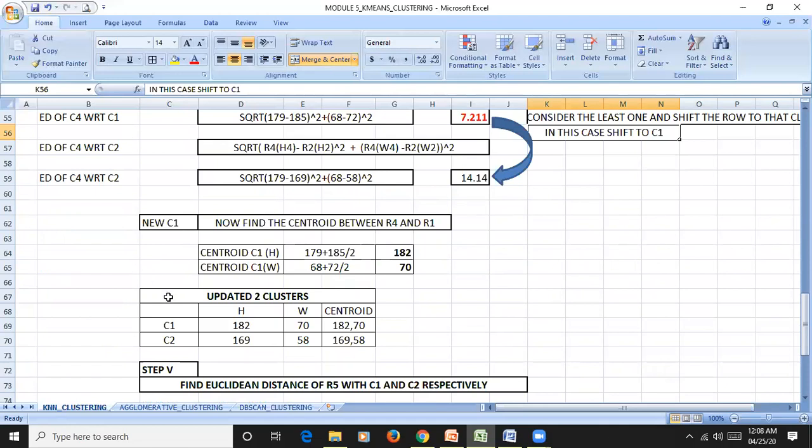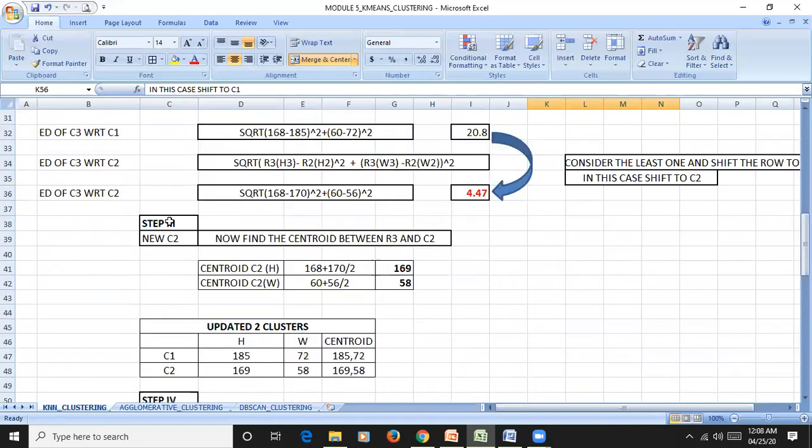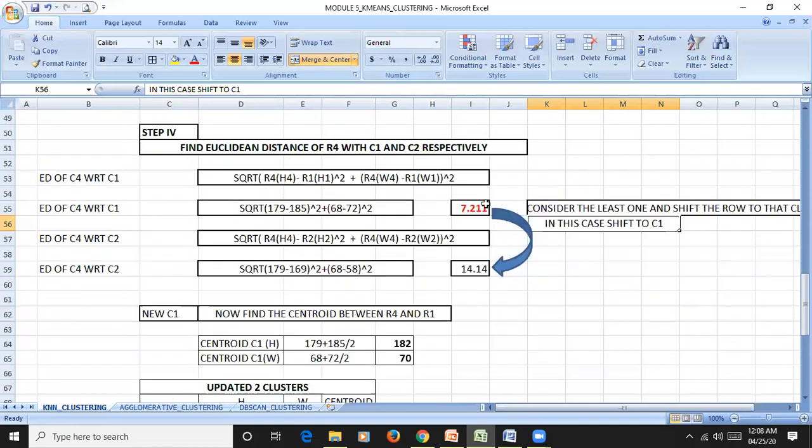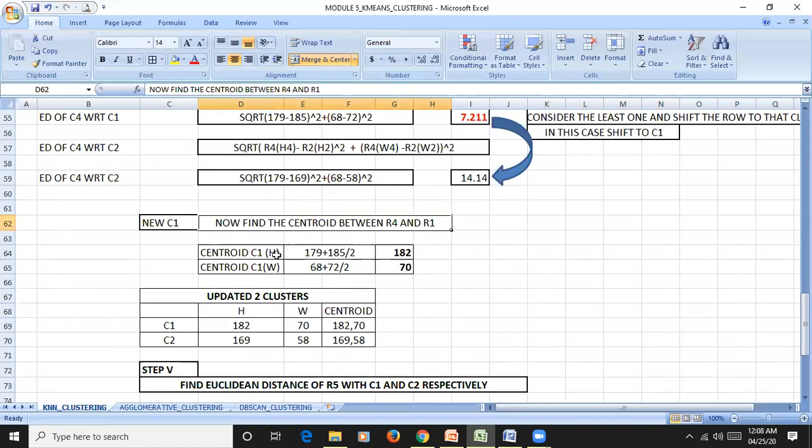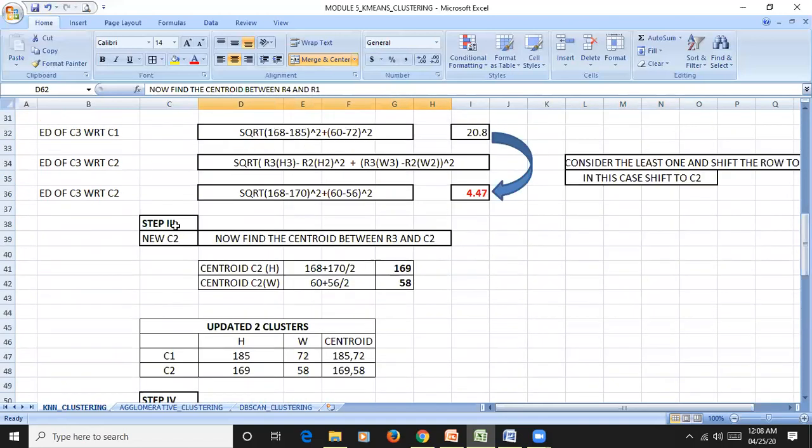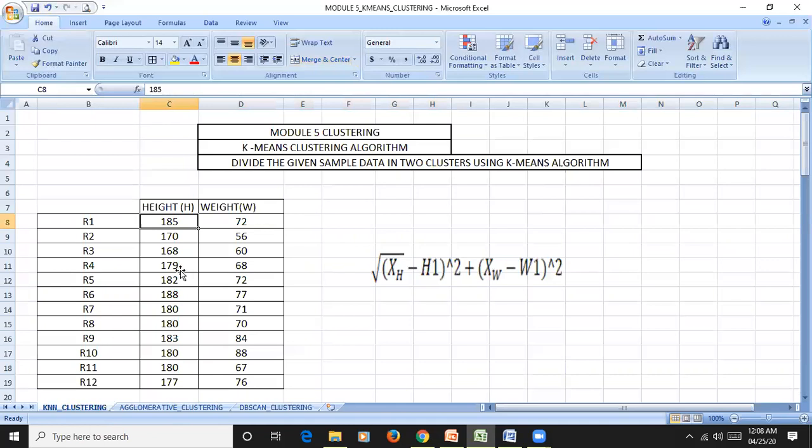What's the next step? We have found the new C2 values. Now the changes are observed with C1. Now find the centroid between R4 and R1, that's with your C1. What is C1 now? It is 185 plus 179 divided by 2, 72 plus 68 divided by 2.